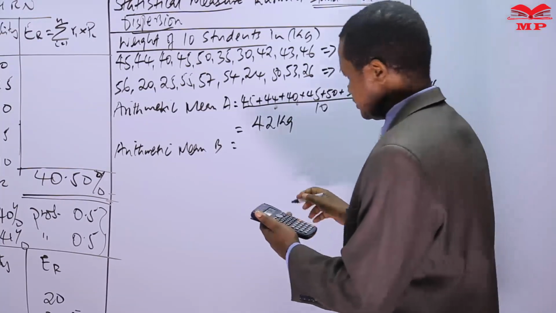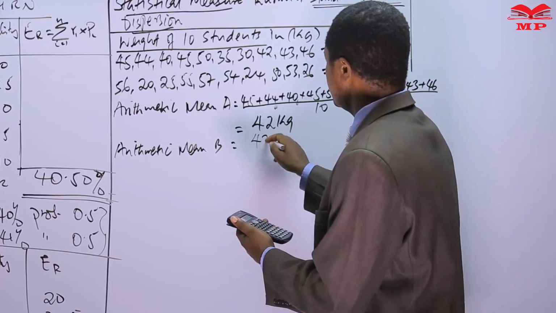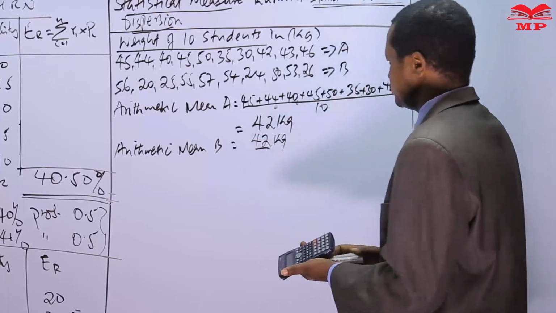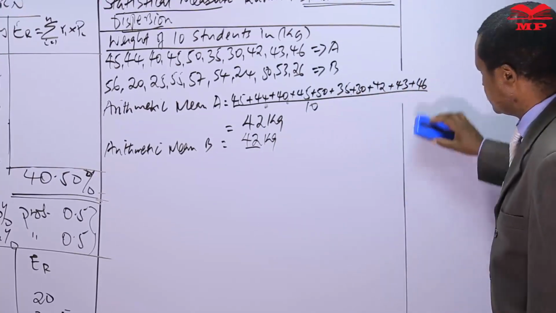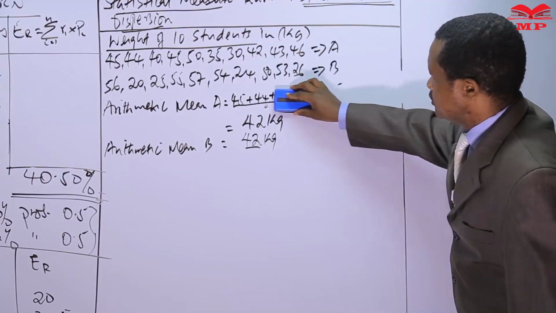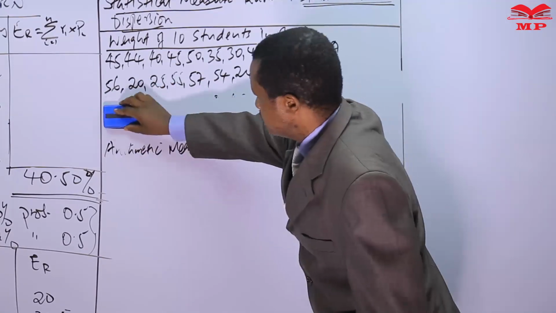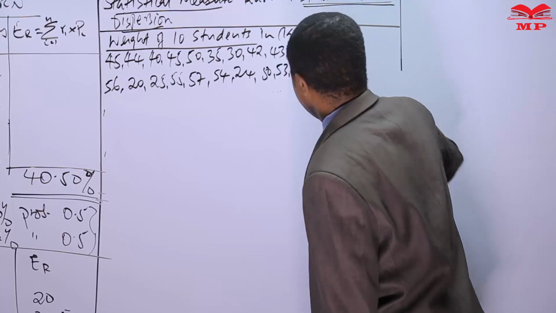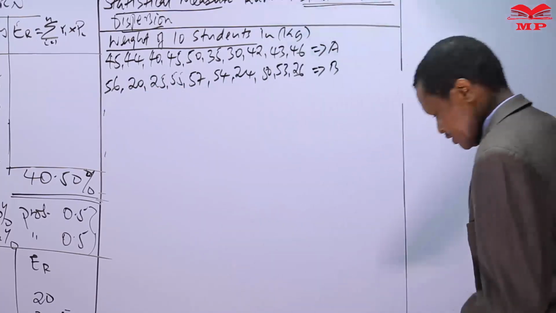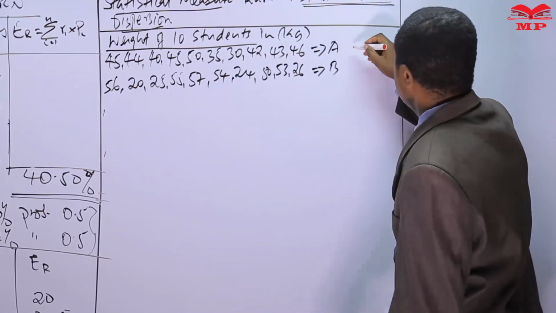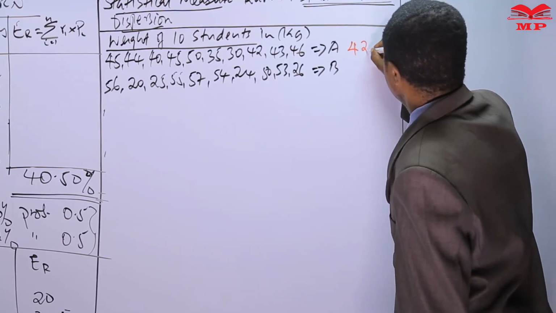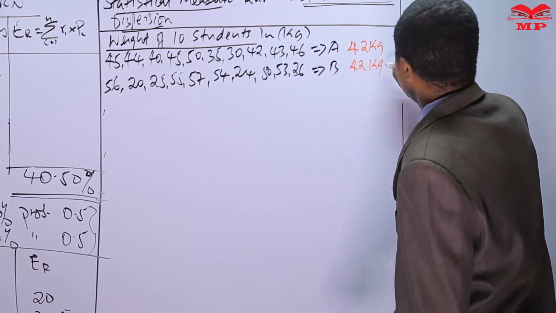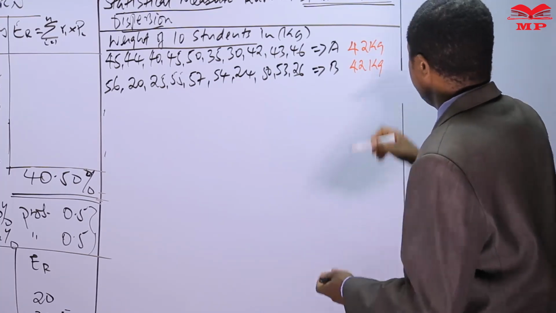The mean is the same, 42 kilograms. So the two sets of students we have seen, their mean is the same. The mean here is 42 kilograms, 42 kilograms.